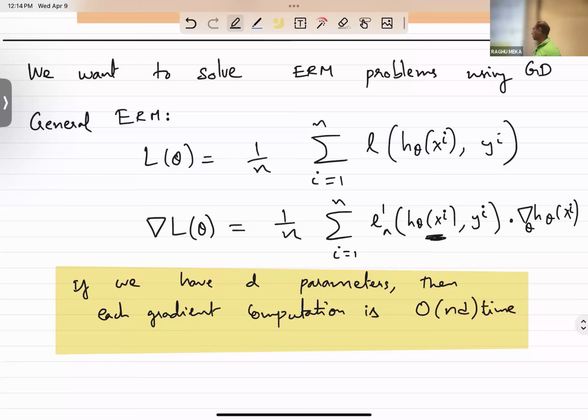It could be even worse. Maybe the gradient is even more complicated, but at the very least, you have to spend d time because there are d parameters, and then you have to add it up over these n examples, which gives n. They're very, very expensive, in some regime of parameters.